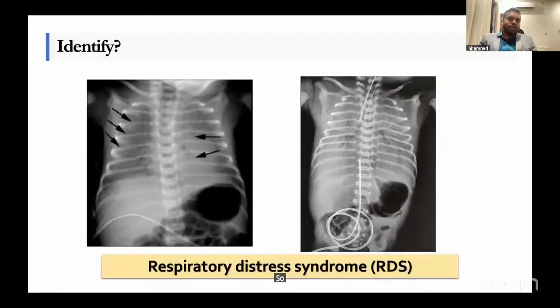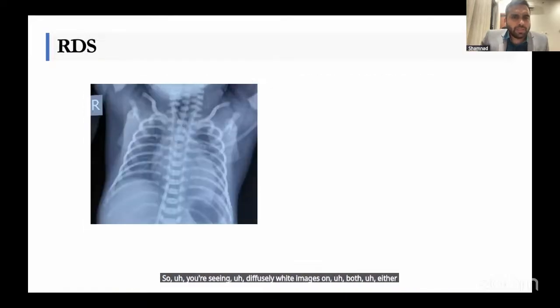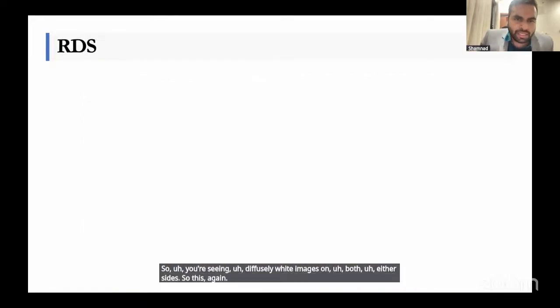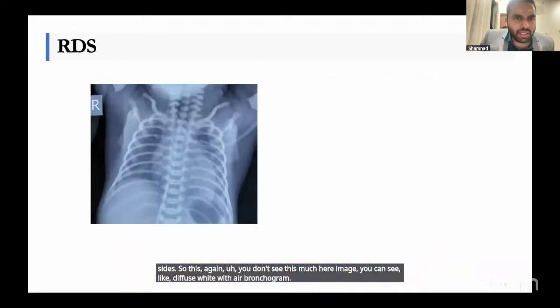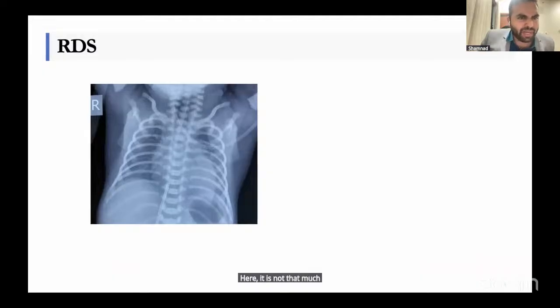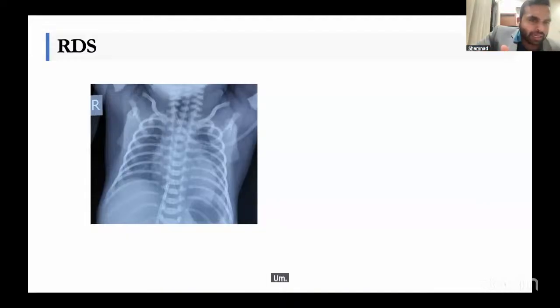You are seeing diffusely white images on either side. Here you can see diffuse white with air bronchogram. Here it is not that much white. You feel like something sprinkled, like sand particles being sprinkled on paper. That is a fine granular appearance.